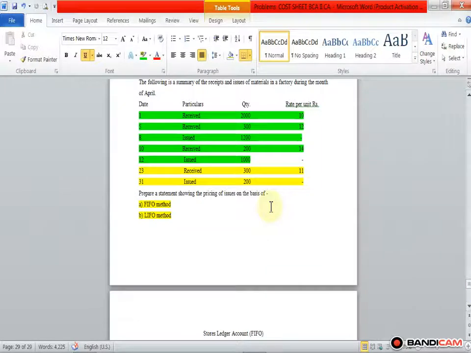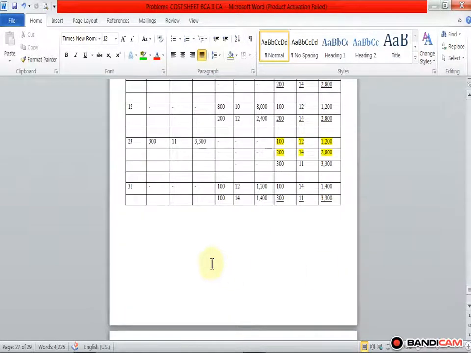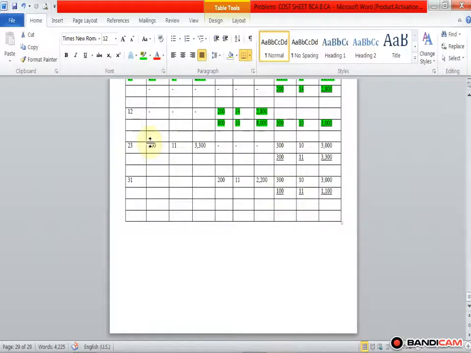Then next, on 23rd April we received again 300 quantity of material at rupees 11 per unit. So we write it under the received column: on 23rd April we received a material of 300 units at rupees 11, amounted to rupees 3300.